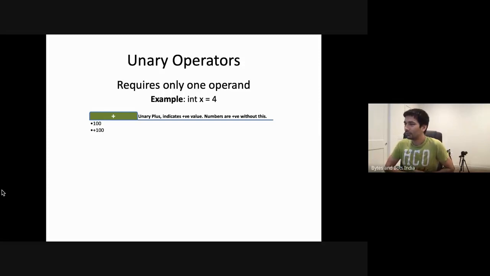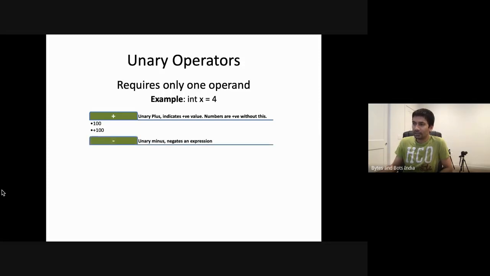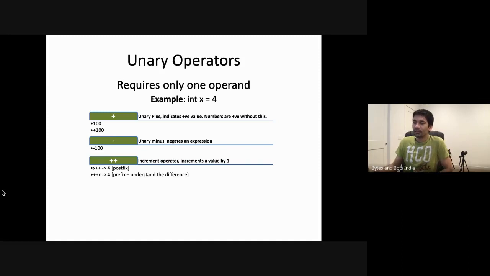So this just says a number is positive. Similarly, the minus negates an expression. If you want to represent a negative number, you would write int x equal to minus 100. That's how you tell Java that the number is negative.